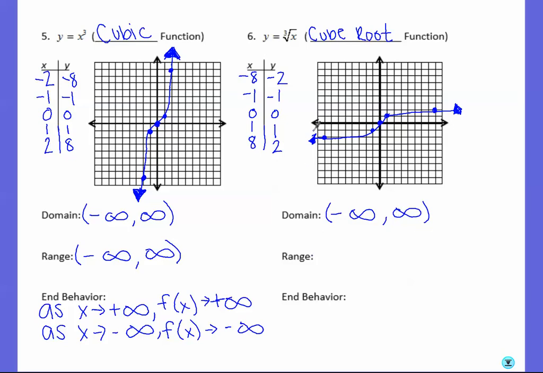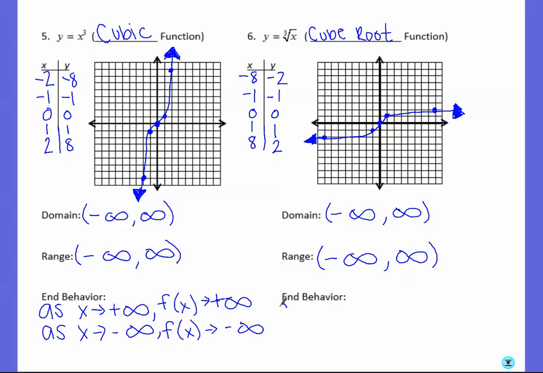Our range, technically this arrow is going down, very slowly, but it's still going down. And this arrow is very slowly going up. So our range is technically going from negative infinity to infinity. It's just a very flat function, so it does so very slowly.